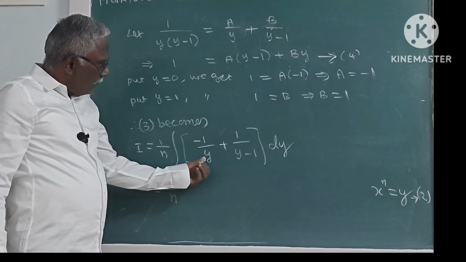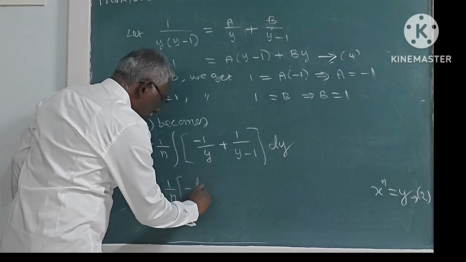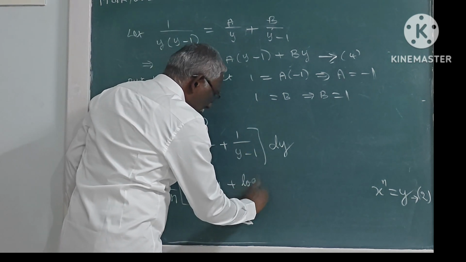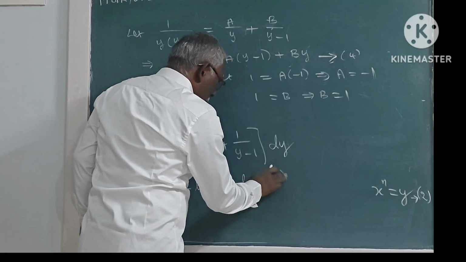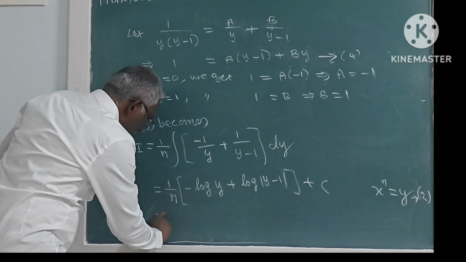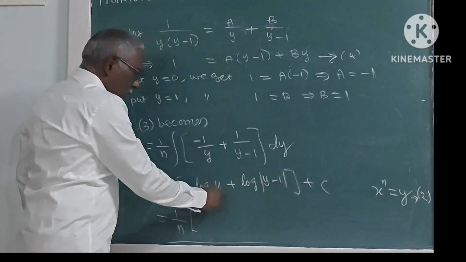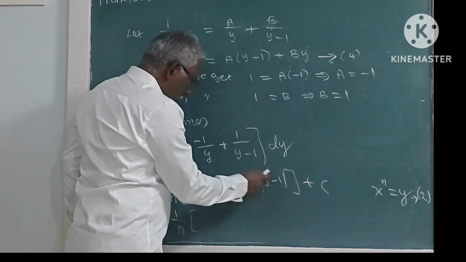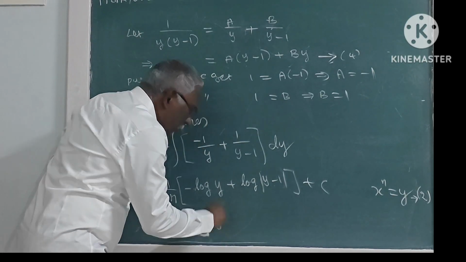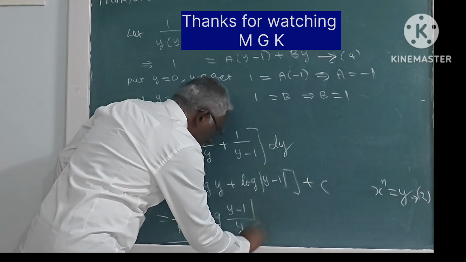Integral dy by y is log y. So this will be minus log y plus log of y minus 1 plus constant. So we can write this as 1 by n times log m minus log n, that is nothing but log m by n. Here it is y minus 1 by y, plus constant.